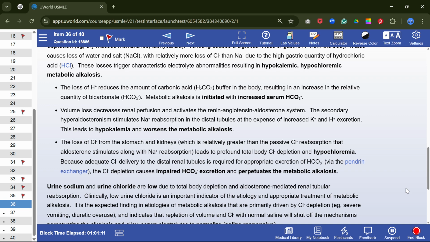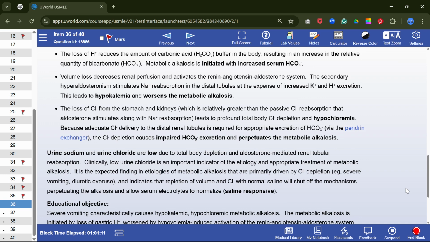It is an expected finding in metabolic alkalosis driven by chloride depletion, such as severe vomiting or diarrhea, and indicates repletion of volume and chloride with normal saline, which shuts off the mechanism perpetuating alkalosis and allows serum electrolytes to normalize: a saline response.